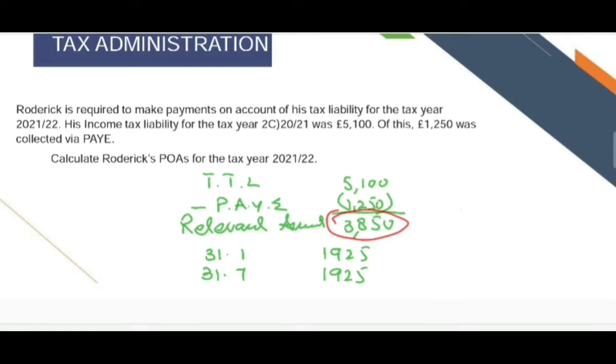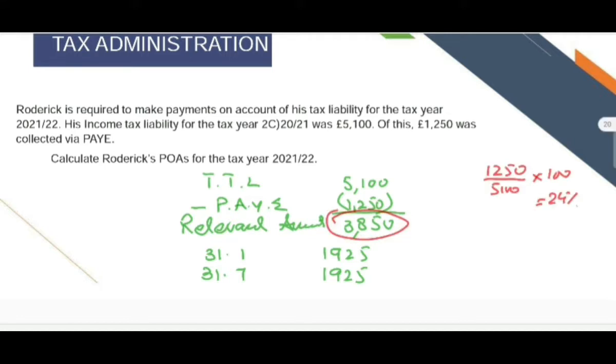Second, the Pay As You Earn amount, 1250, is less than 80%, approximately 24% of the previous year's tax liability. So that is why payments on account are required.